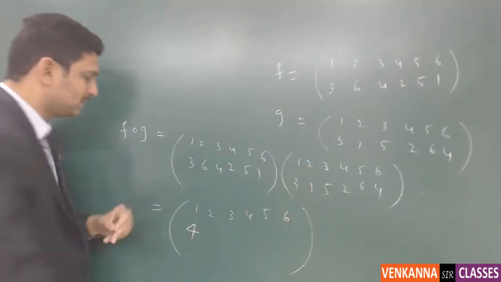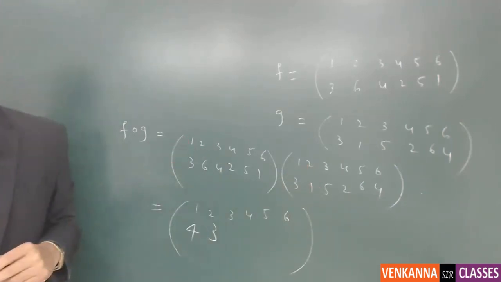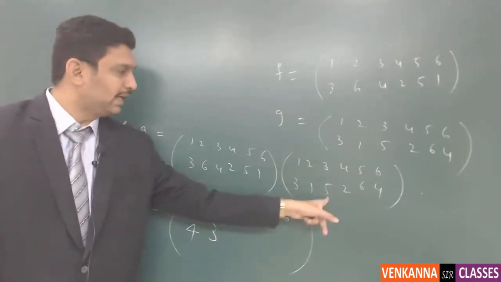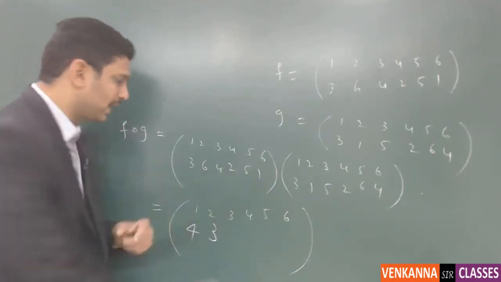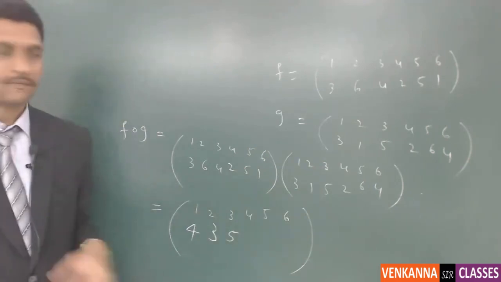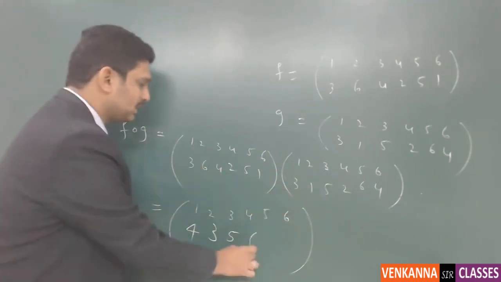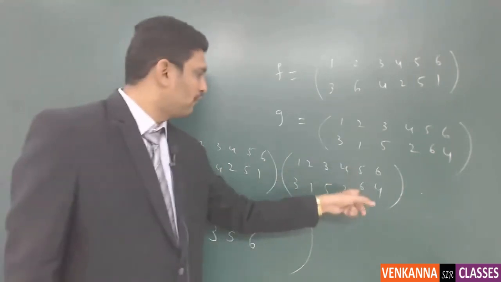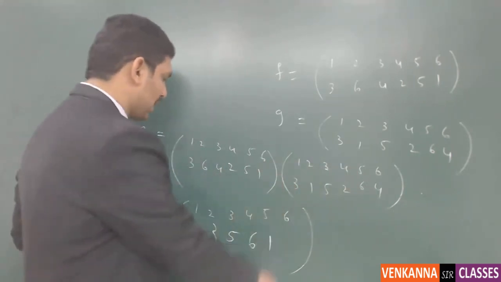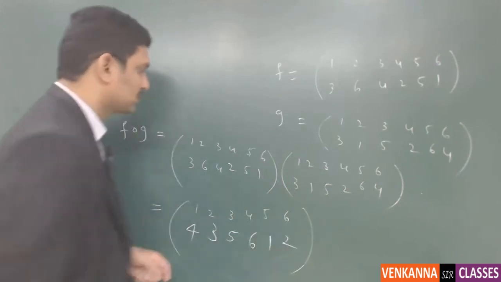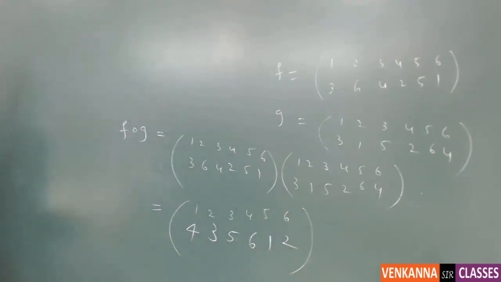For 1, it is 3. For 3, it is 5. For 5, again, it is 5. For 4, the image is 2. For 2, the image is 6. For 5, it is 6. For 6, it is 1. So this is F circle G.